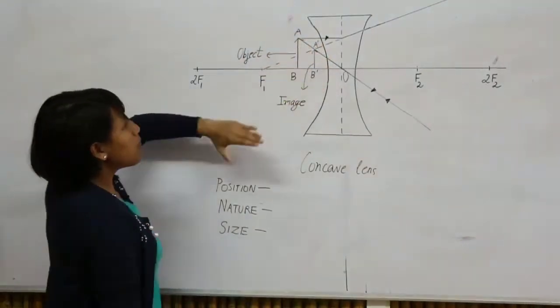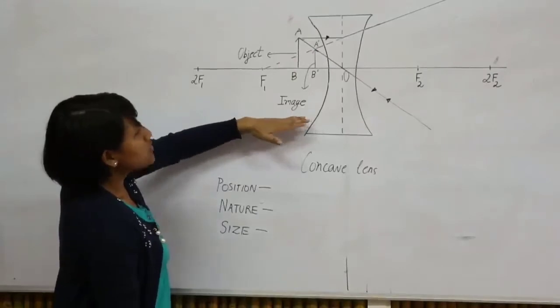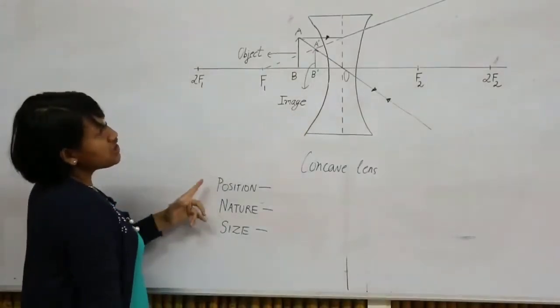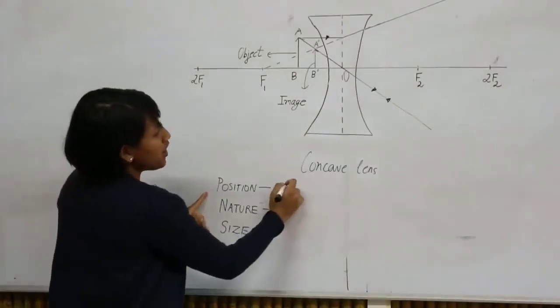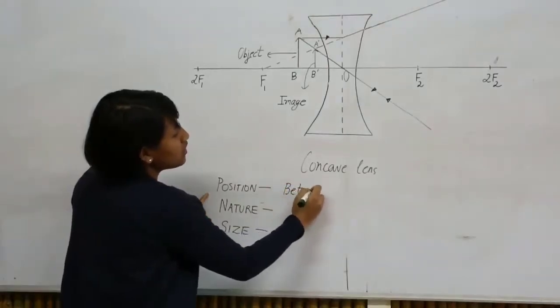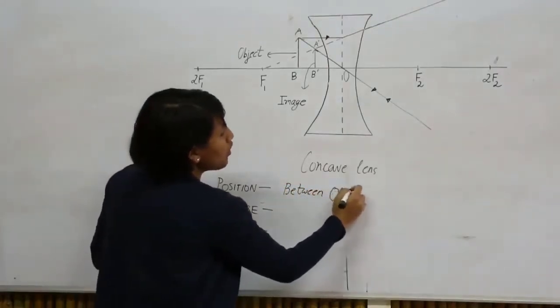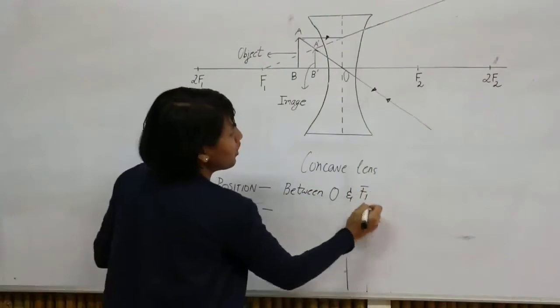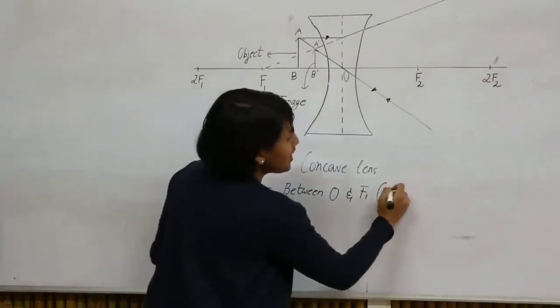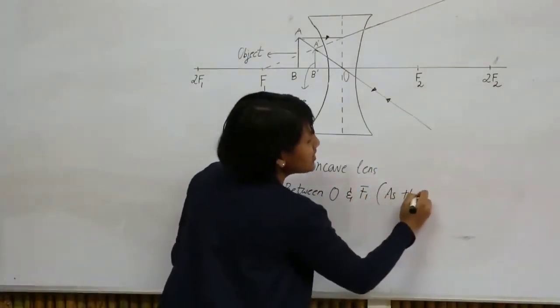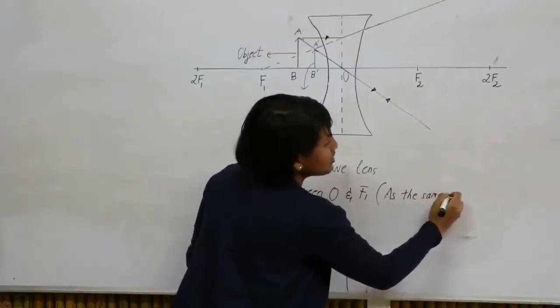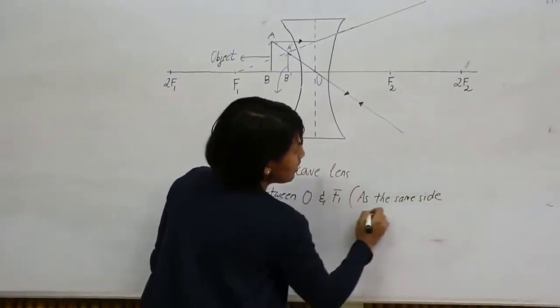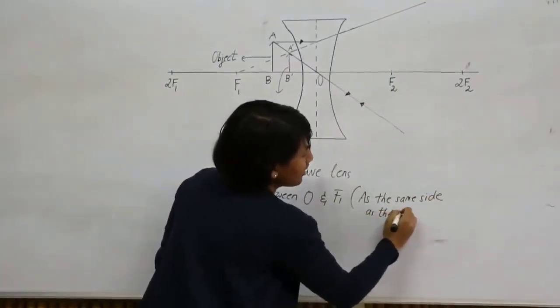Then you compare the object and the image. The position: it is formed between O and F1, or you can as well say on the same side as the object.